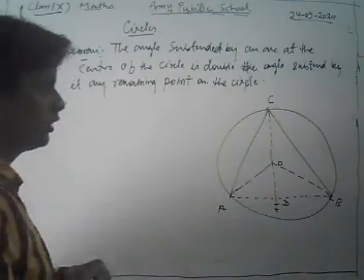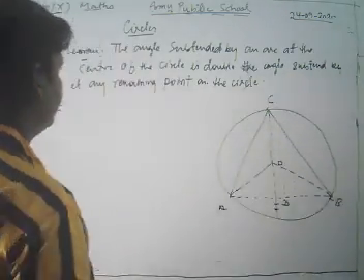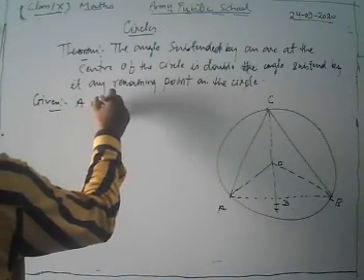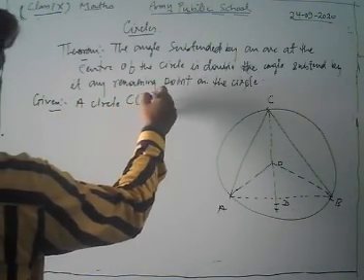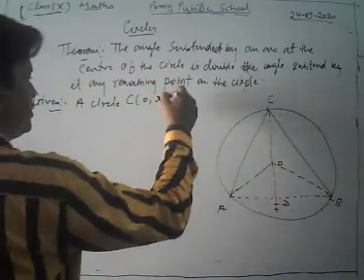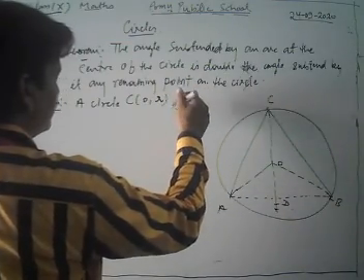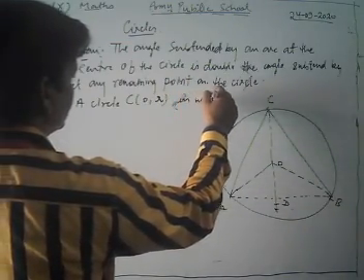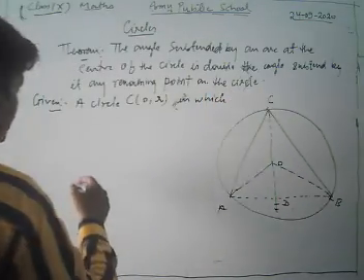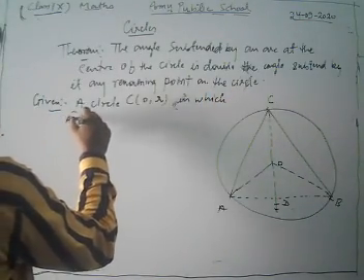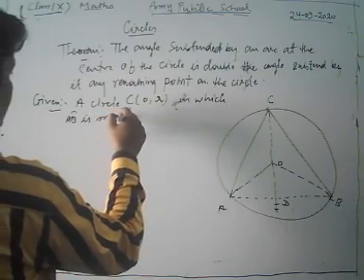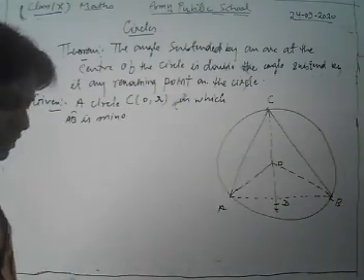What is the given? Here is a circle with center O and radius R, in which AB is a minor arc. AB is an arc of the circle.